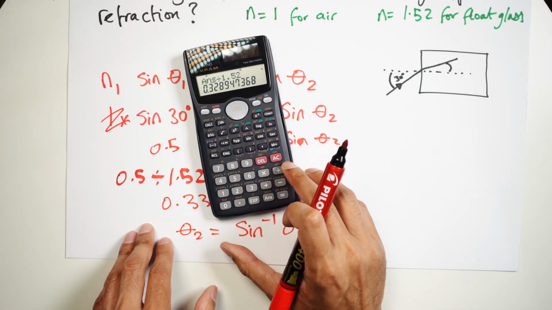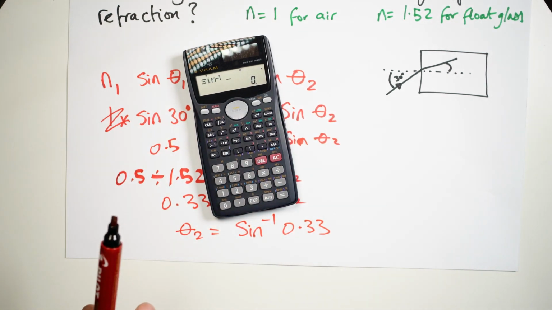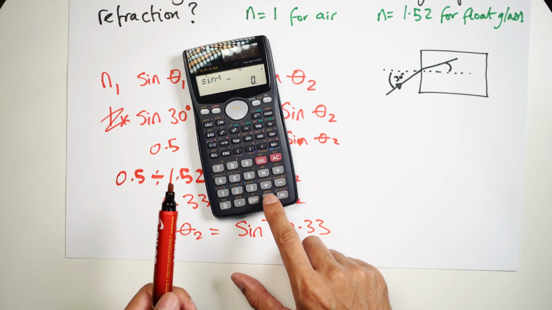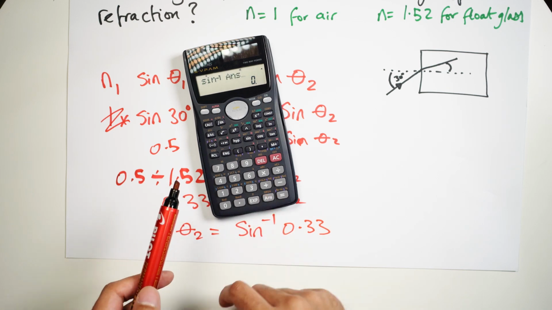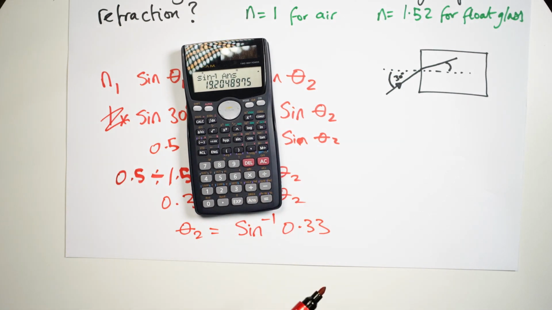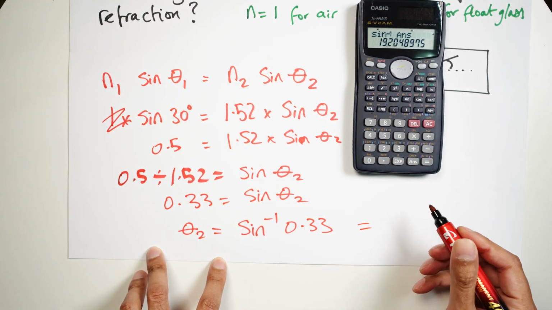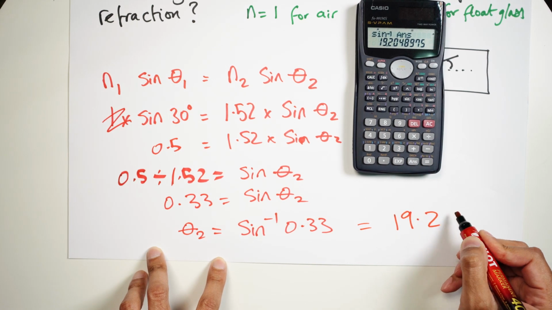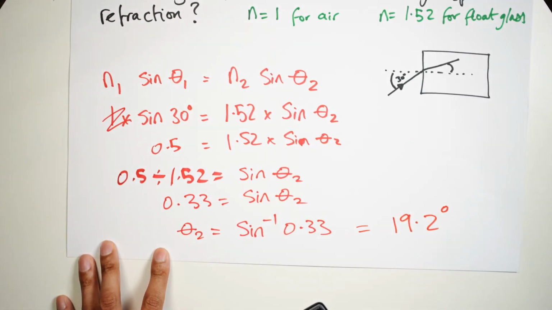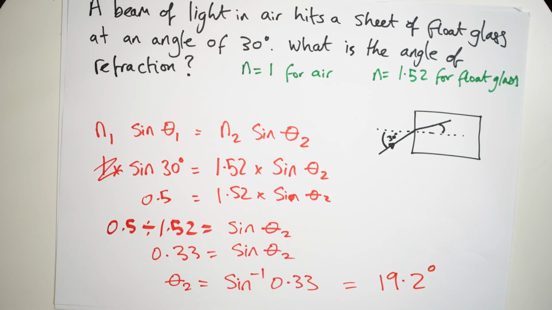I clear that, I go shift sin, that's sin minus 1. And on this Casio, I've got this answer, which is basically the previous answer. And then you go equals, and it says there 19.2 degrees. That's how you work that out. Nice and easy. Hope that makes sense.